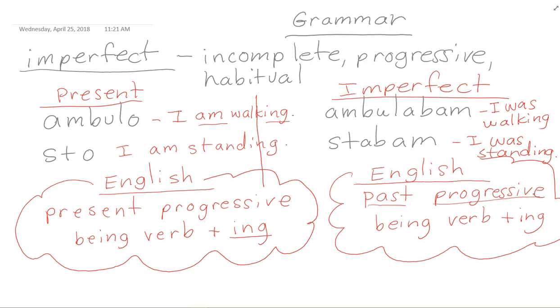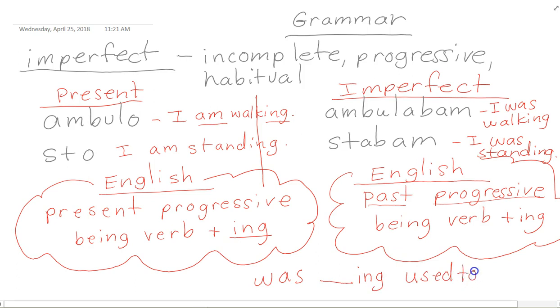You can see the progress made. So now we know three ways of translating the Latin imperfect tense. Was something ing, used to do something, or kept something ing. Those are three ways to translate that.